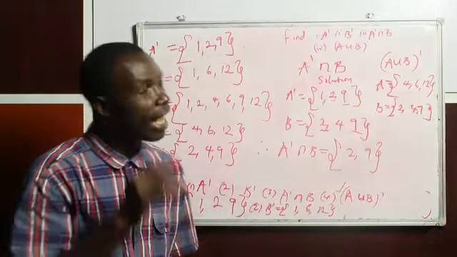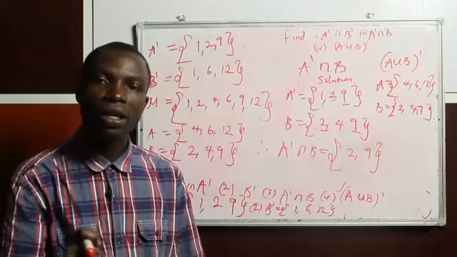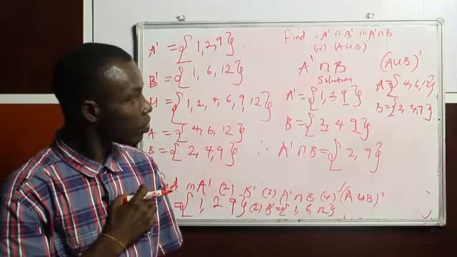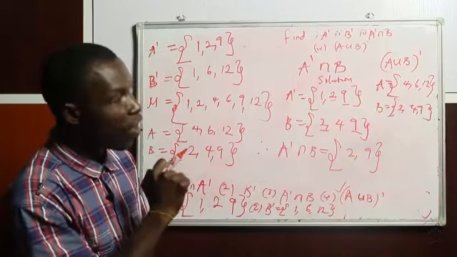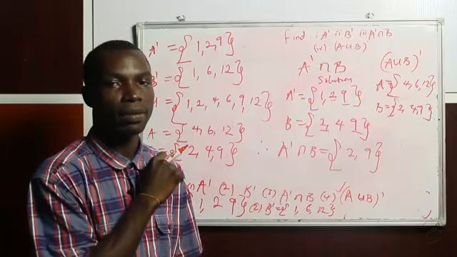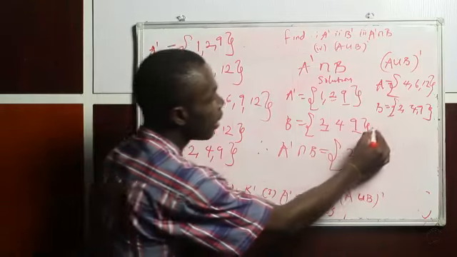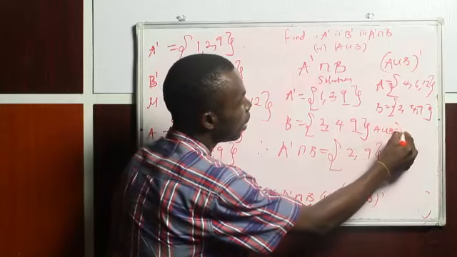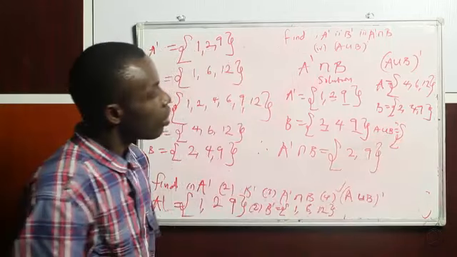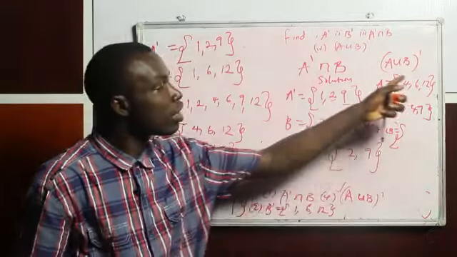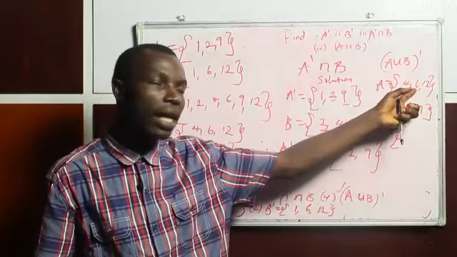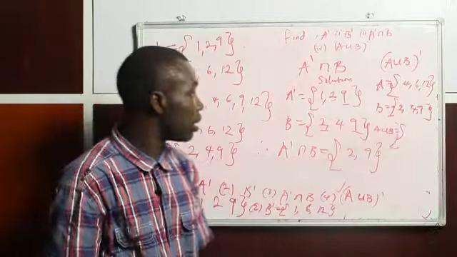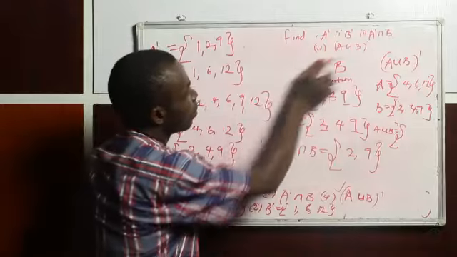Now, for A union B complement, first of all, we need to find A union B. A union B means the total elements in A and the elements in B. We add them together.